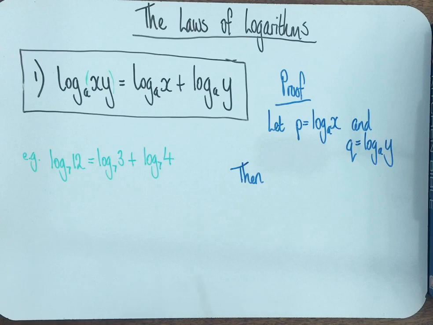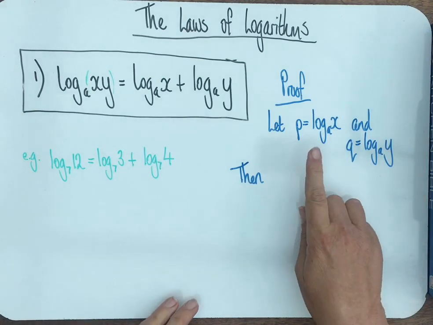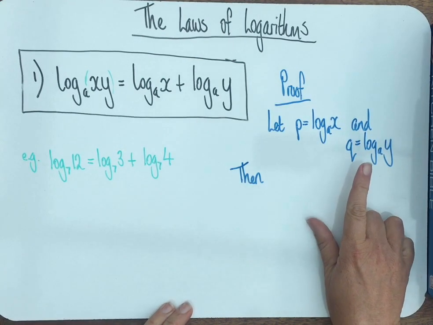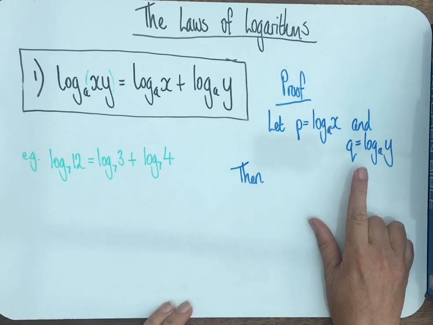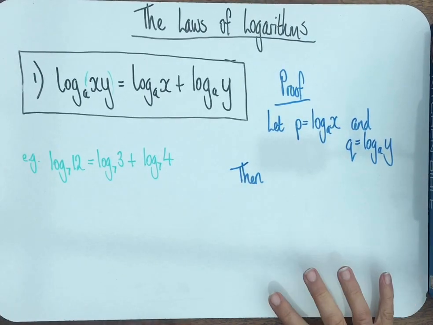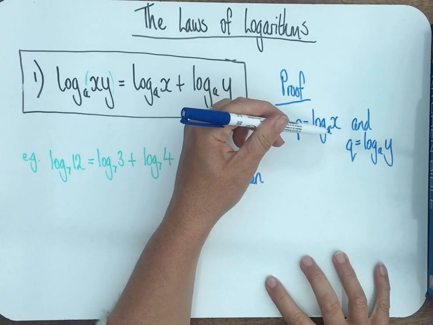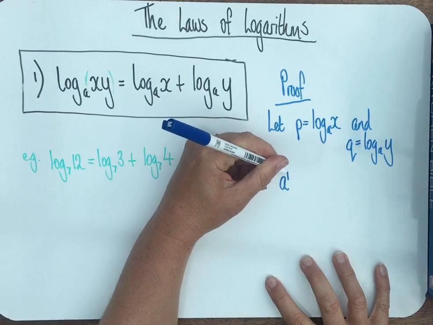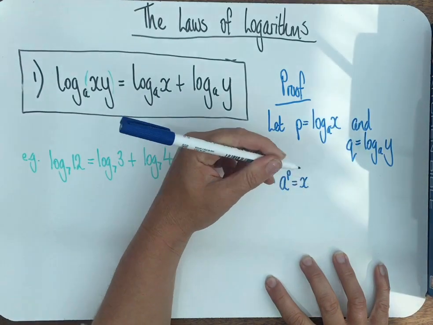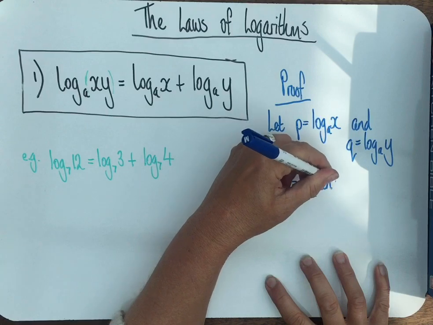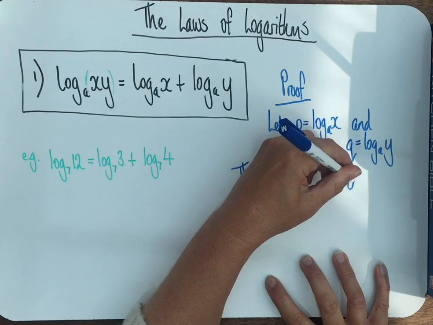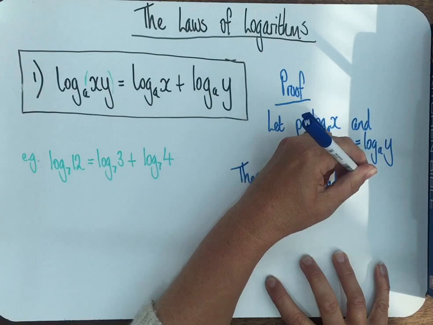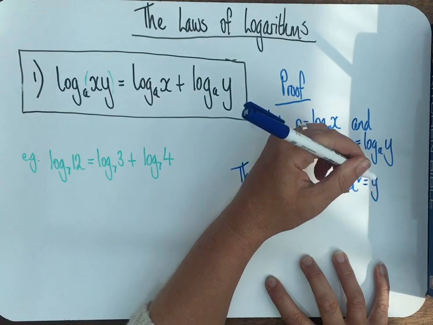Proof over here. Don't worry about the proof unless you want to worry about it. And if you don't quite understand it, let me know and I'll go over it with you. So I'm going to let P equal log x, Q equal log y, and then we can rewrite these as powers. So my base is a, the power is P. So a to the power P is equal to x, and similarly, a to the power of Q is equal to y.